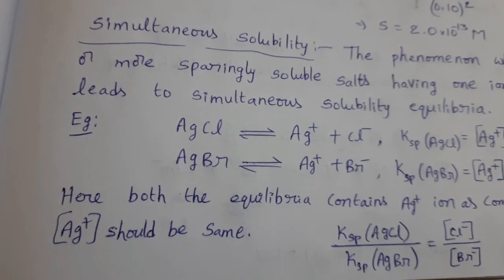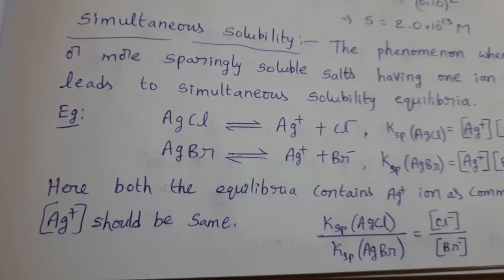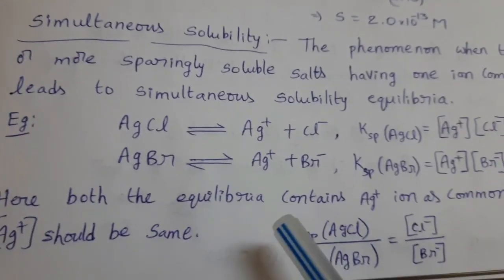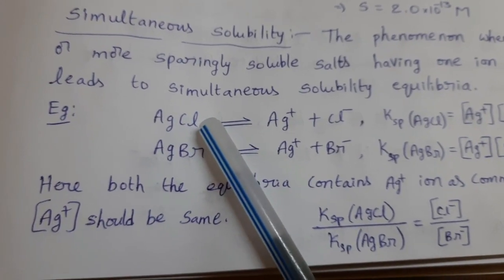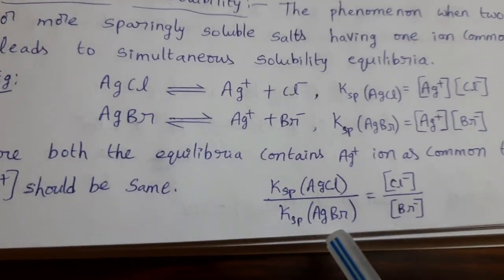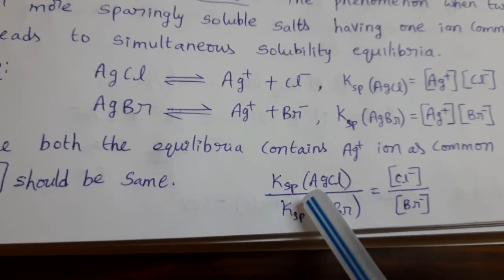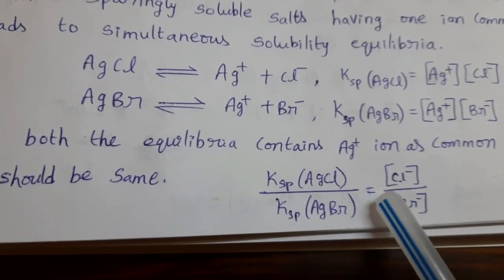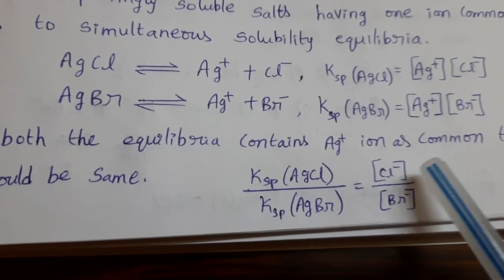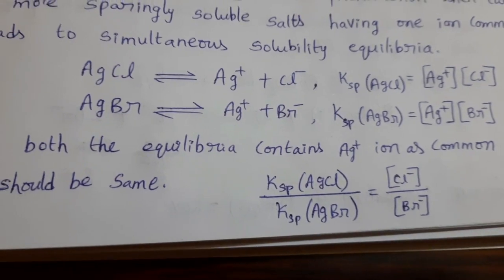In that case, we can write this relation: ionic product of AgCl divided by ionic product of AgBr equals chloride ion concentration divided by bromide ion concentration.